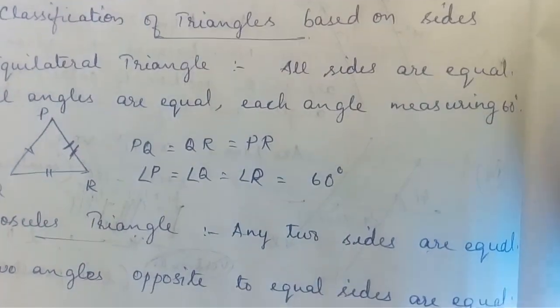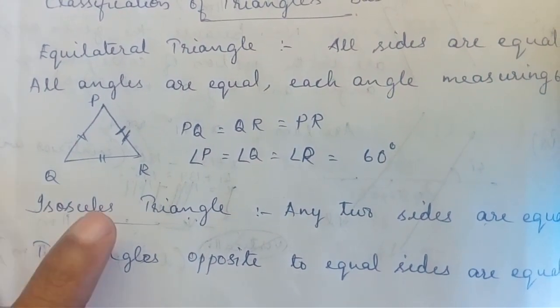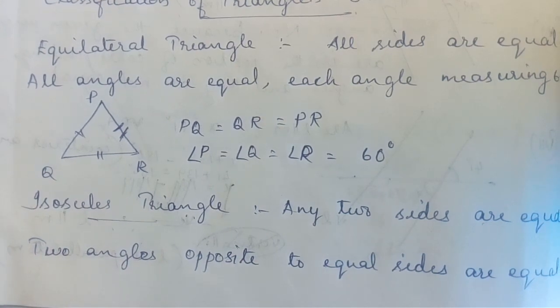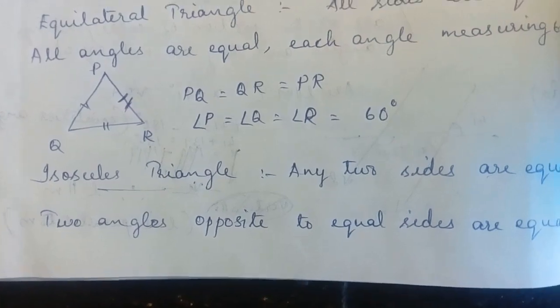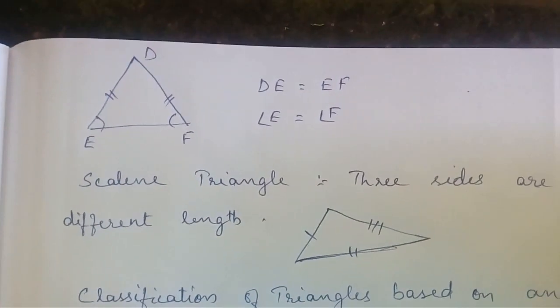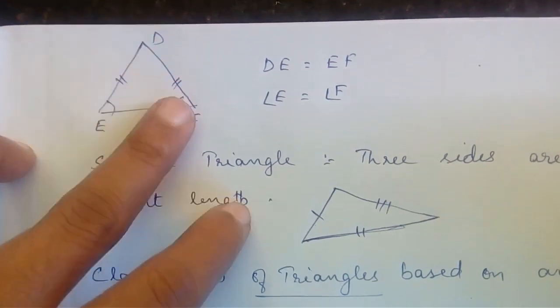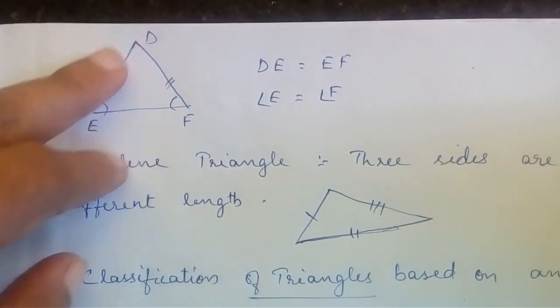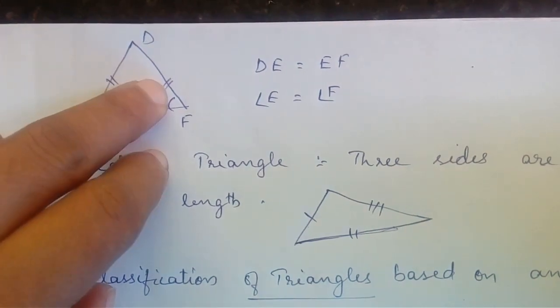Okay. Then isosceles triangle. If any two sides of a triangle are equal, then it is isosceles, and also angles opposite to equal sides are equal. You can see the triangle here, triangle DEF. In that, I marked these two sides are equal, that is DE and DF are equal.